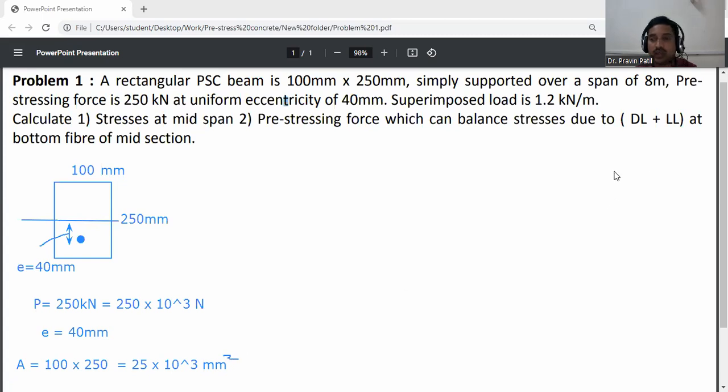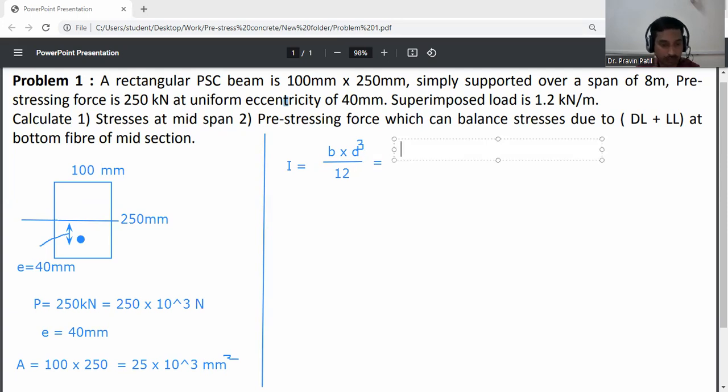Then next, calculate the moment of inertia. For a rectangular section, I is equal to b d cube by 12, where b is the width and d is the depth. b is 100 mm and d is 250 mm.